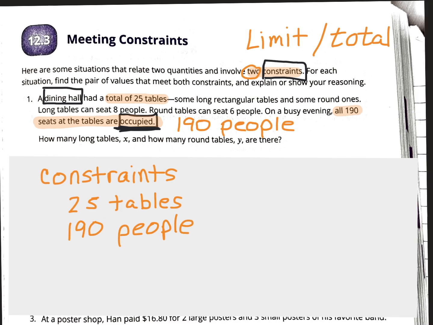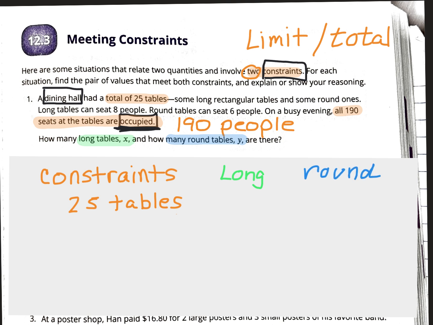So now we need an equation to represent each of these constraints. I'm going to focus on my first constraint first, which is my total number of tables. I can see in the problem, it's asking how many long tables, and long tables are going to be equal to x. And how many round tables, and we're using y to represent round tables.